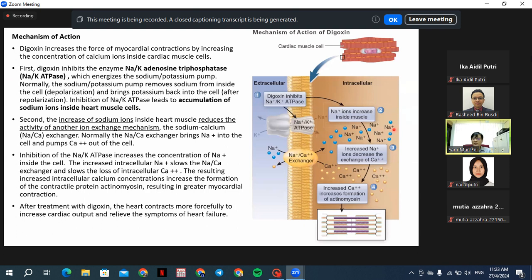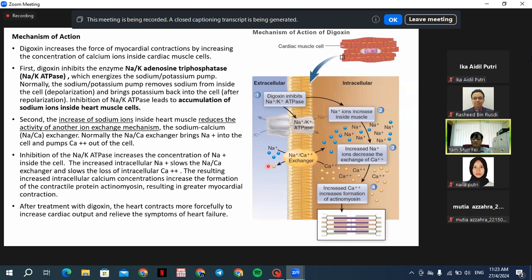Since your natrium is quite plentiful in your intracellular space, this channel is not stimulated, will be inhibited, and no more natrium will be brought in. So once no more natrium is brought in, no more calcium will be brought out. In other words, you are going to increase the concentration of calcium indirectly, because you are inhibiting the natrium calcium exchange.